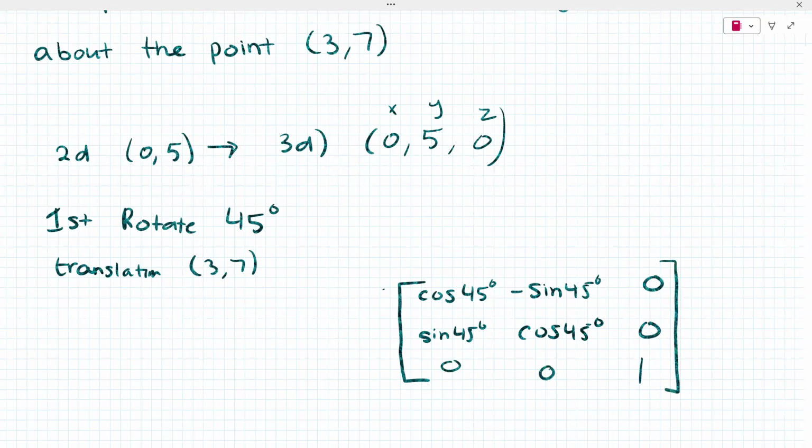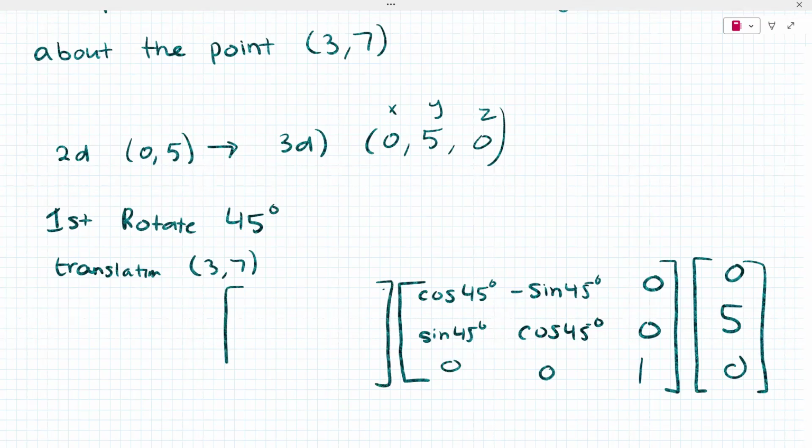Oh, also, we remember we were given the point 0, comma 5 in 3D, so we're going to put that on the further right, right? So first we translate it into 3D. So that's why this matrix is on the further right. Then we're going to do a rotation, so this is why this is the next matrix going to the left. And then the last matrix to the further left is the translation of 3, comma 7.